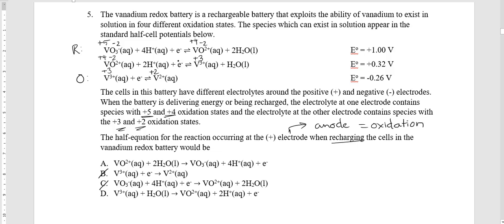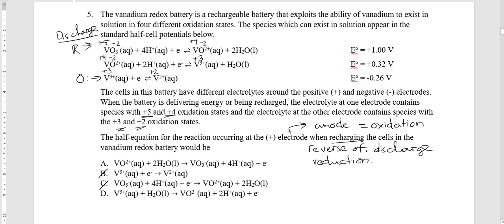Now I am looking for the anode on recharge, which is going to be the reverse of reduction. Let's just write discharge here for those who are not watching the video and just looking at the solution. So it is going to be the reverse of the discharge reaction.